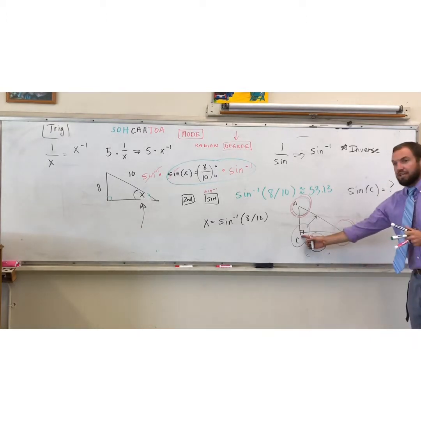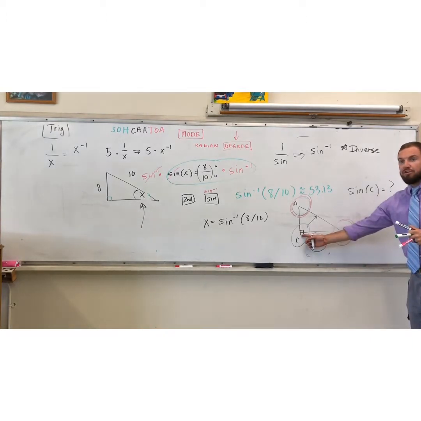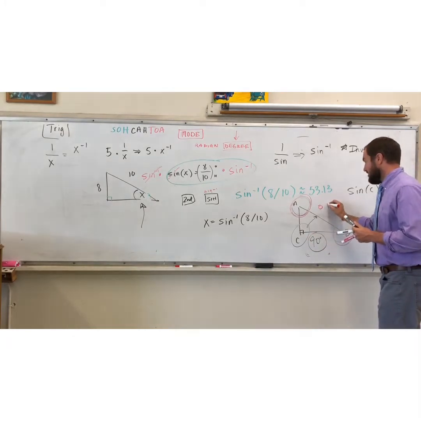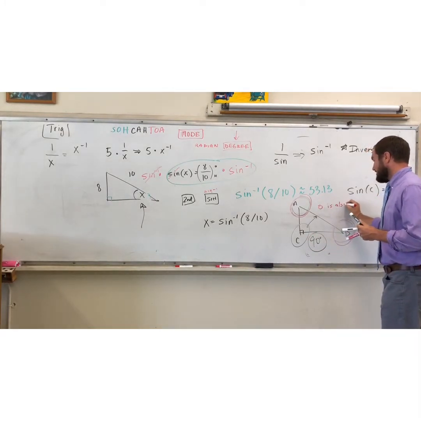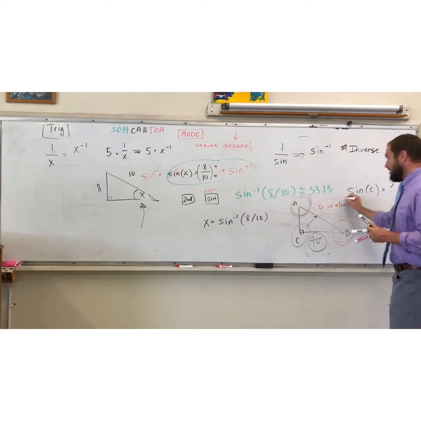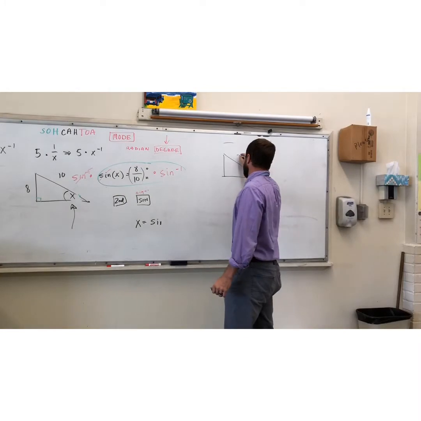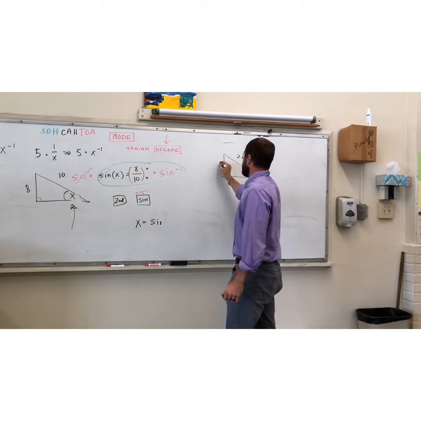You would never deal with any trig triangle or trig question in which you're finding the opposite and hypotenuse of a right angle, because your opposite is also, like Steph was telling us, our hypotenuse, and that's an underlying problem.